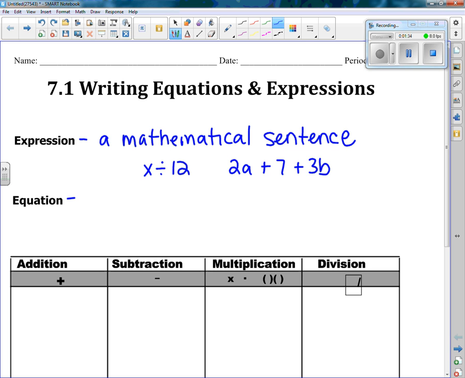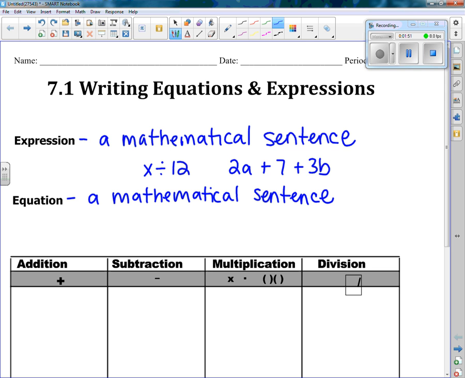Okay, next let's define equation. This definition is a little bit longer. An equation is a mathematical sentence, so we're starting off the same. But it's more than just a mathematical sentence.